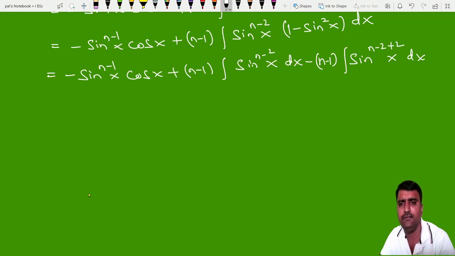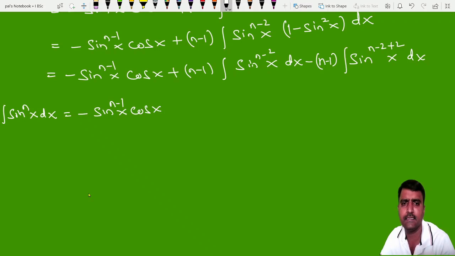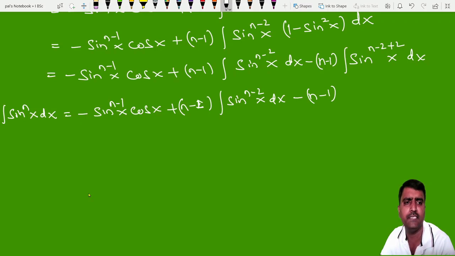So now the integration of sin to the power n x dx is equal to minus sin to the power n minus 1 x cos x plus n minus 1 into the integration of sin to the power n minus 2 x dx, and minus of n minus 1 into the integration of sin to the power n x dx.